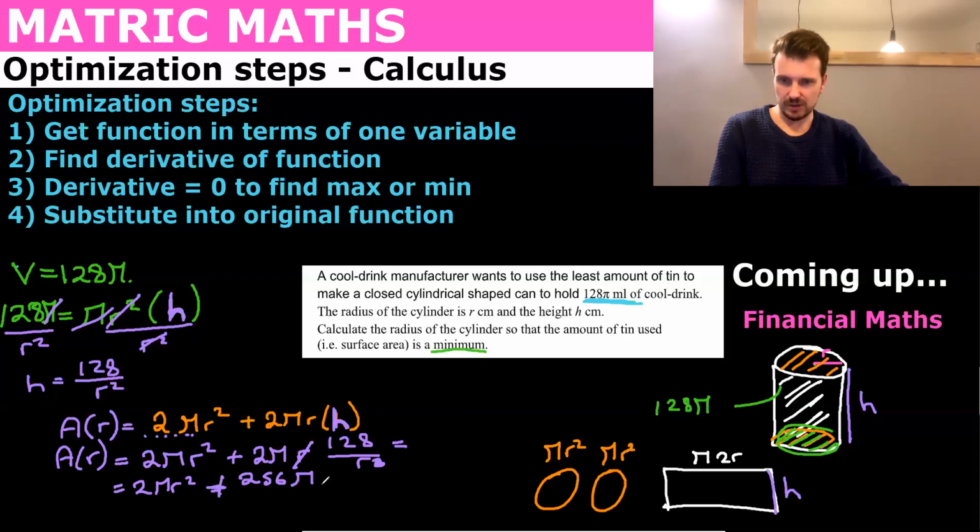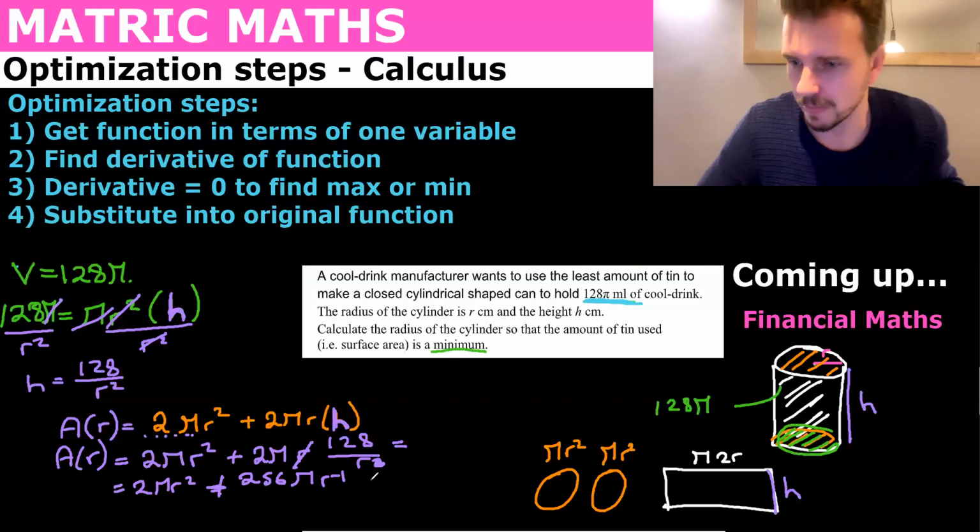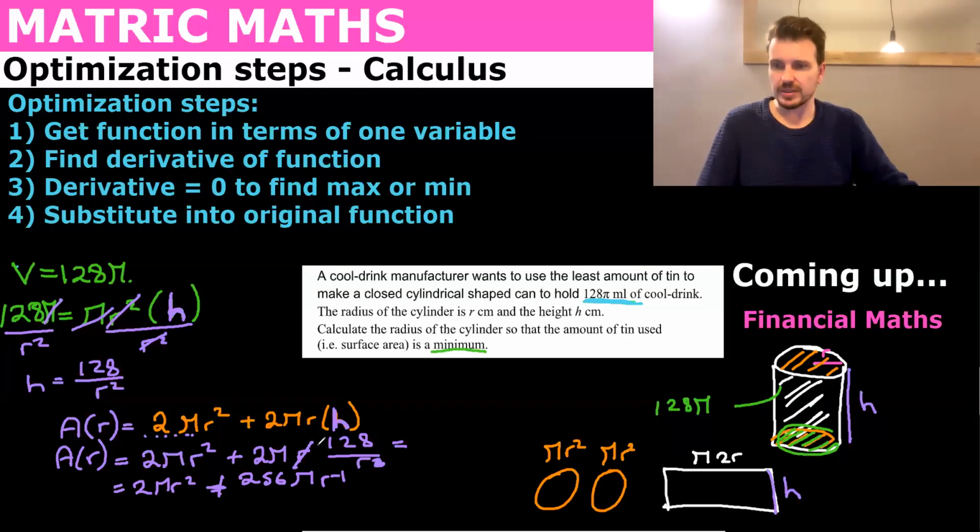When I want to derive it, instead of over r, I'll make it r to the minus 1, because r can go to the top and become minus 1. Okay, so now I've done number 1. It was a little bit tricky, but I've done number 1.